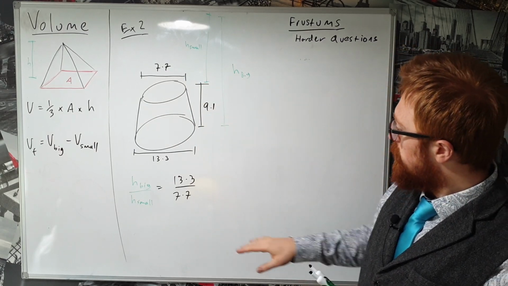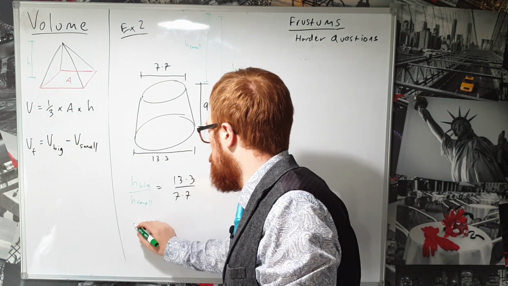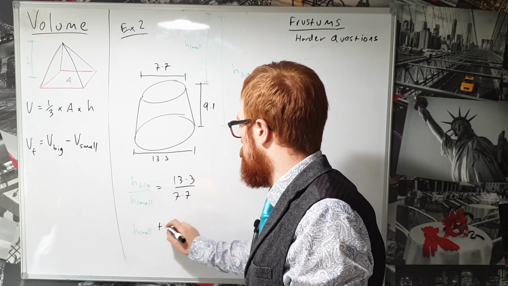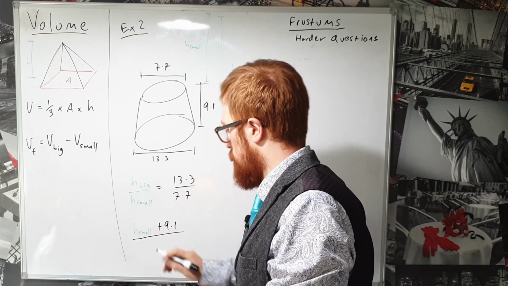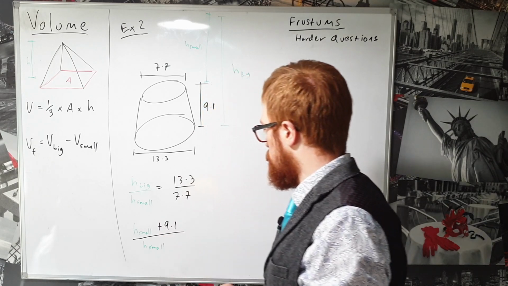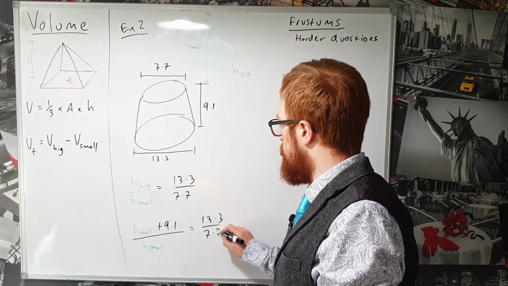So I'm going to swap this h big with h small plus 9.1, over h small, is equal to 13.3 over 7.7.